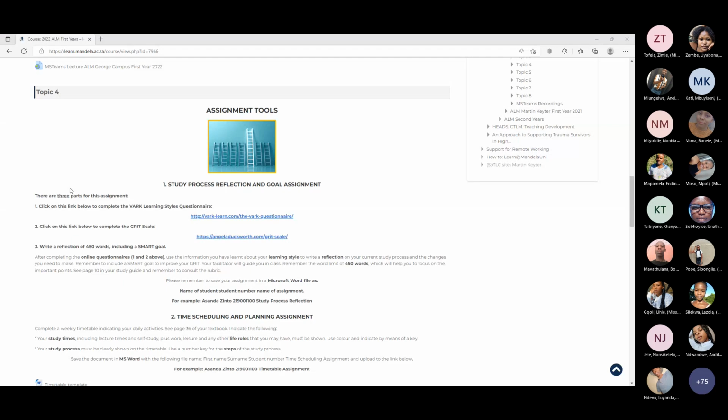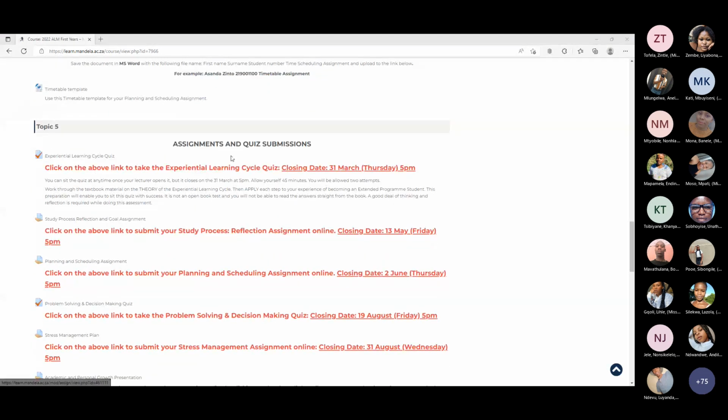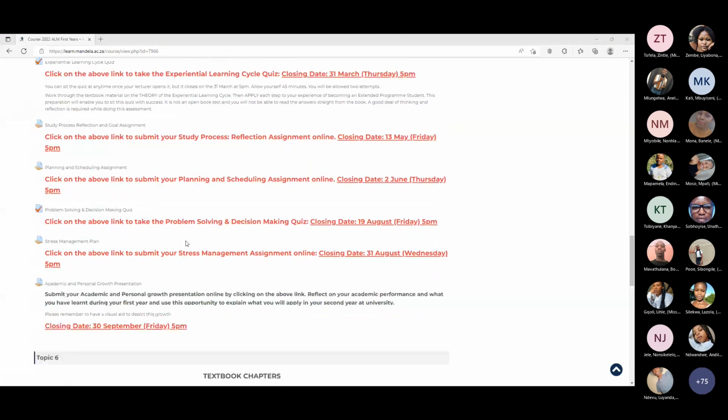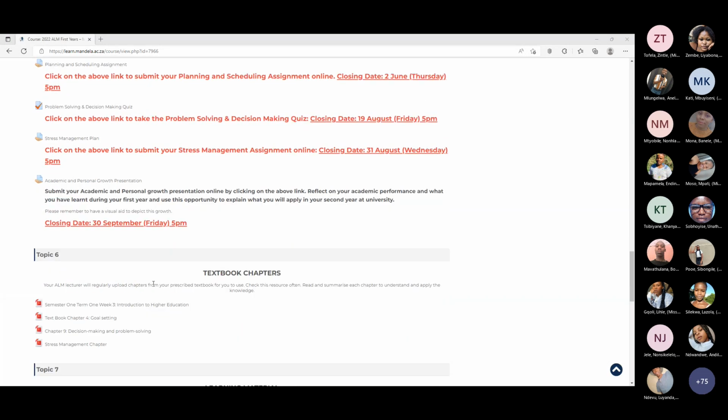If I scroll down, under assignment and quiz submissions, there's the stress management plan. If you click on that, you will notice there is also a rubric to show you how it will be marked. So this is very straightforward.